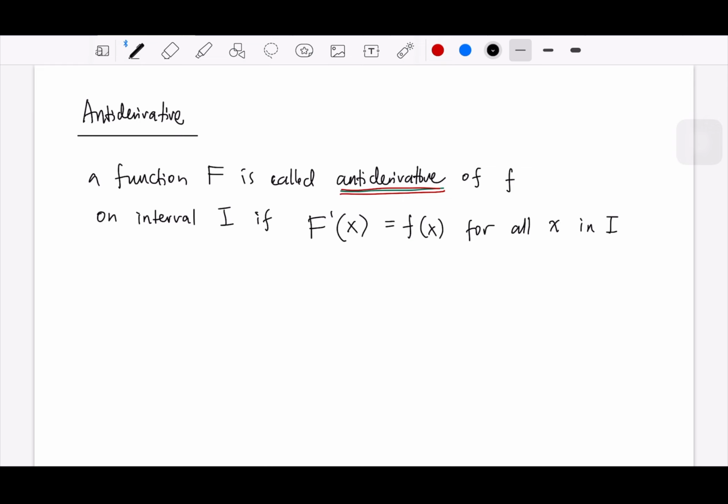So if we take f of x as x squared, we get that the antiderivative is actually 1 over 3 x cubed. So we look at how we can reverse the derivative.